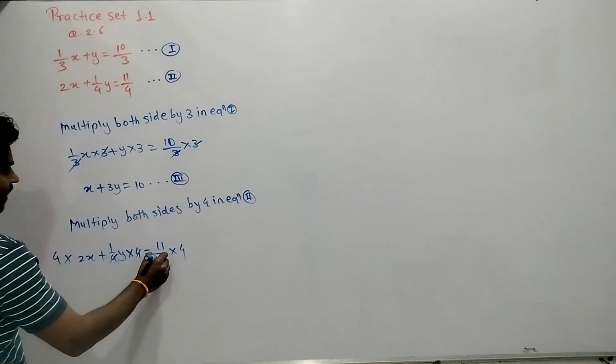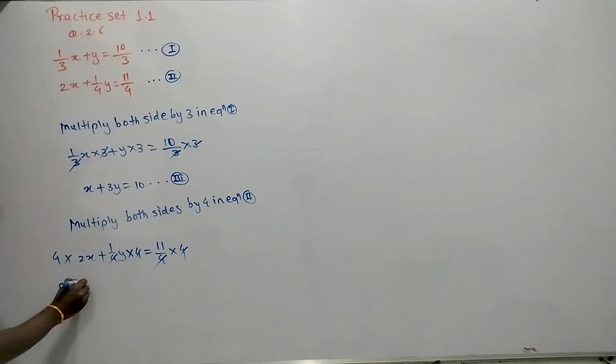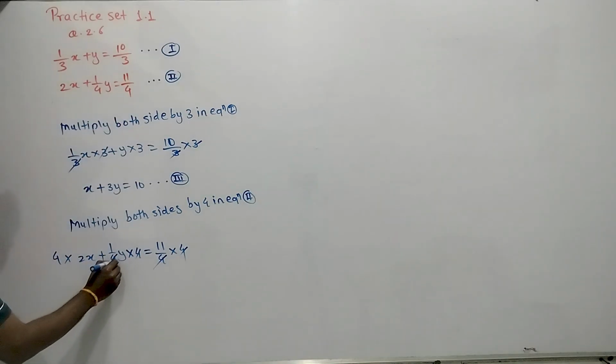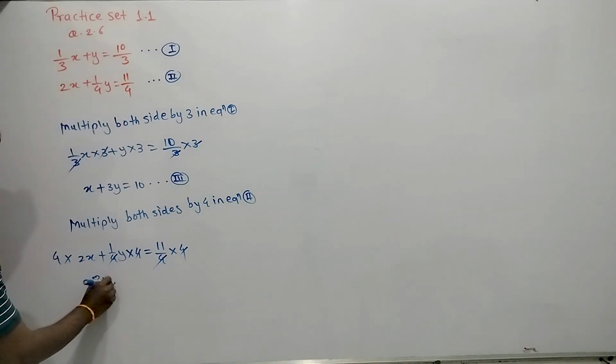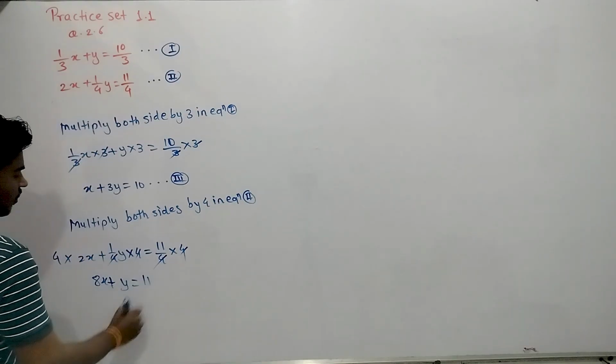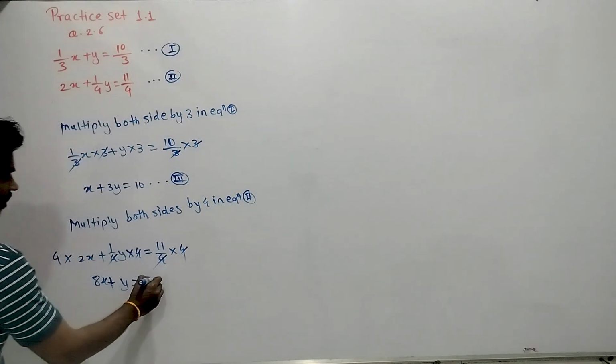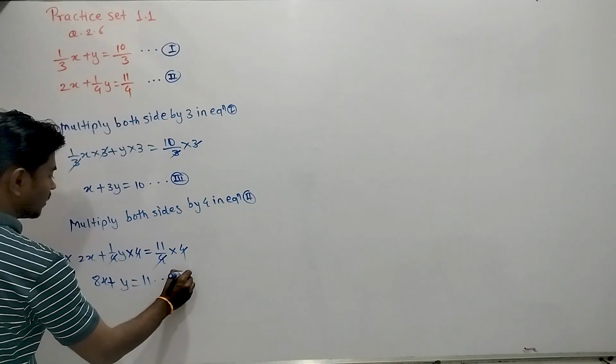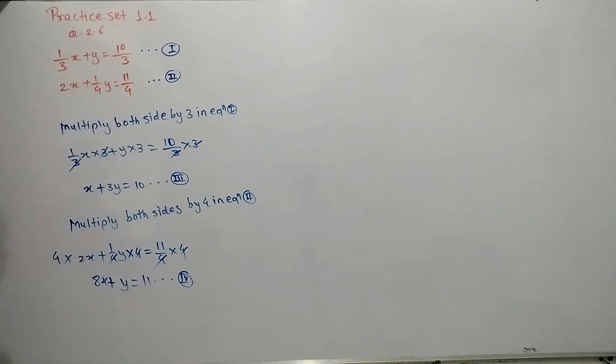This 4 will be cancelled, this 4 will be cancelled, 2 4s are 8x, here y will remain is equal to 11. We are going to call this equation number 4.